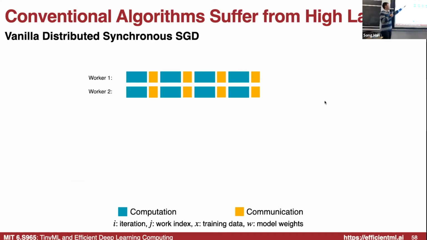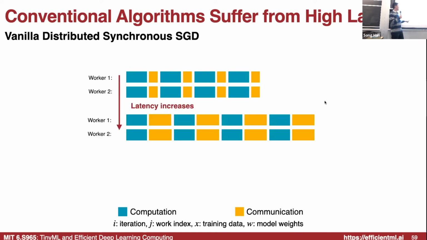Imagine we are using vanilla distributed synchronous SGD. What happens for different workers? We have to do computation, which is represented in blue, and then do the communication and synchronize. Then do another computation, and another round of communication. What happens if the latency increases?